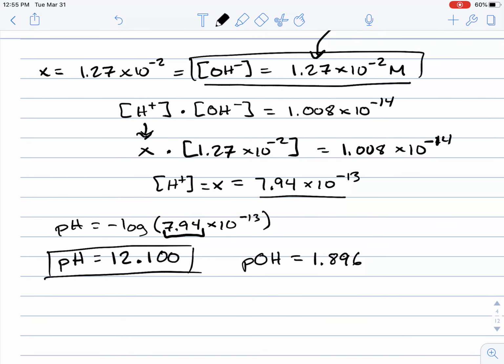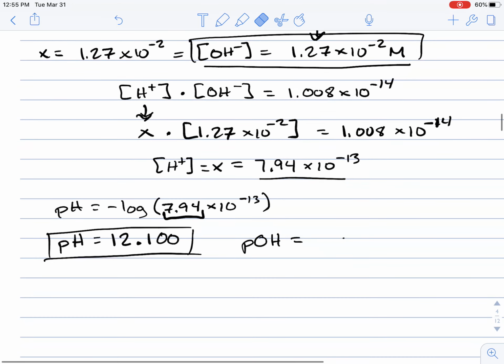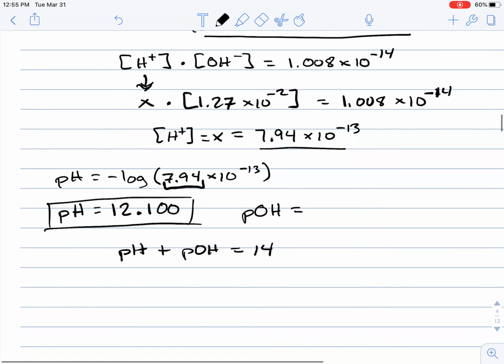Or another way to figure out the pOH, instead of taking the negative log, is that pH plus pOH is equal to 14. And so if you have 12.100, you can solve for pOH.